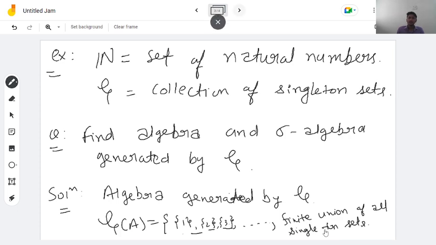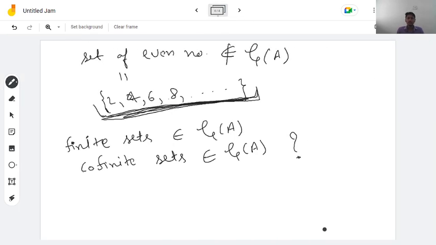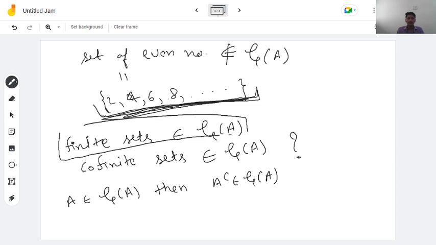But what was another condition for being an algebra of sets? The other condition was that if A belongs to C of A, then A complement belongs to C of A, right? And what is the complement of a finite set? The complement of a finite set is just a cofinite set, right? So cofinite sets belong to C of A.